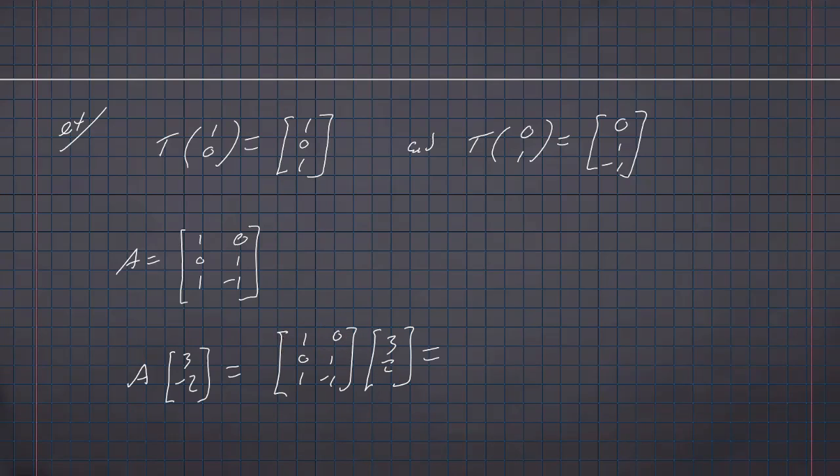So 1, 0 dot 3, negative 2 is 1 times 3 plus 0 times negative 2, which is 3. 0, 1 dot 3, negative 2 is 0 times 3 plus 1 times negative 2, which is negative 2. And then 1 times 3 plus negative 1 times negative 2 is 5. So we get the same result that we got before, a little bit faster.